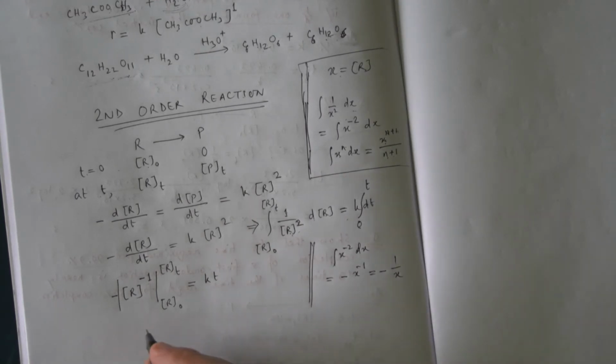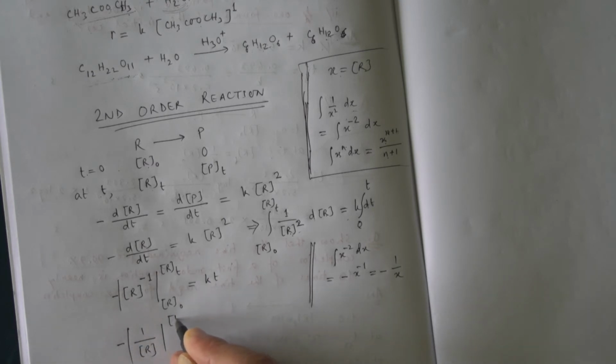So this will be equal to minus 1 by r, from rt to r naught, equal to kt.